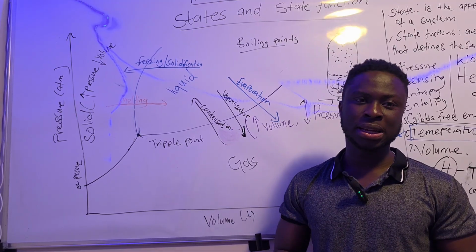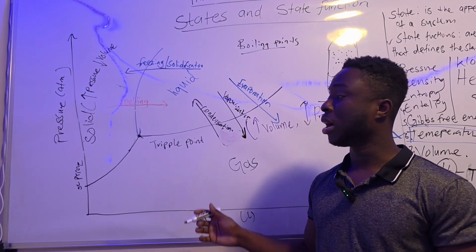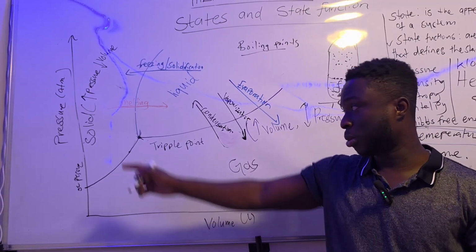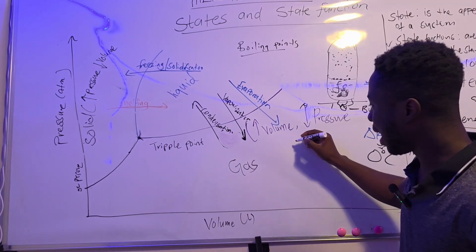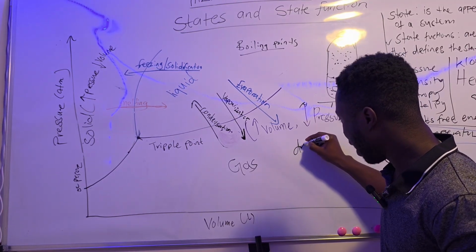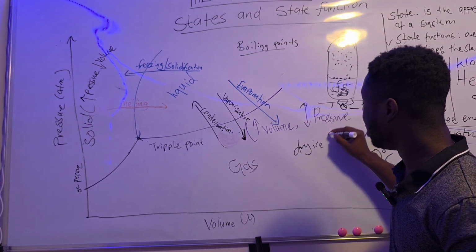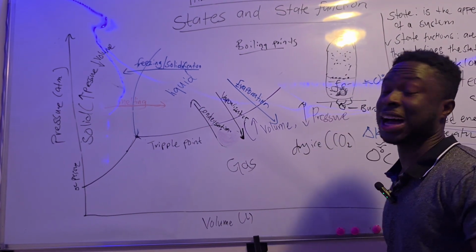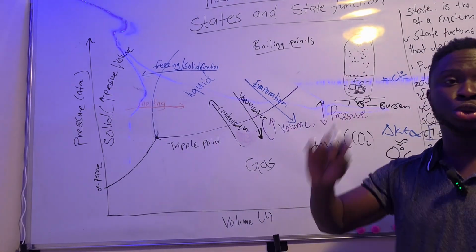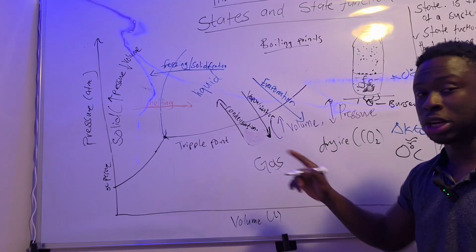I know there are some things that just go into the gaseous phase from the solid phase. Some of these things are dry ice. Dry ice is basically carbon dioxide gas that has been frozen. Once you take it out, it will just go from solid to gas.